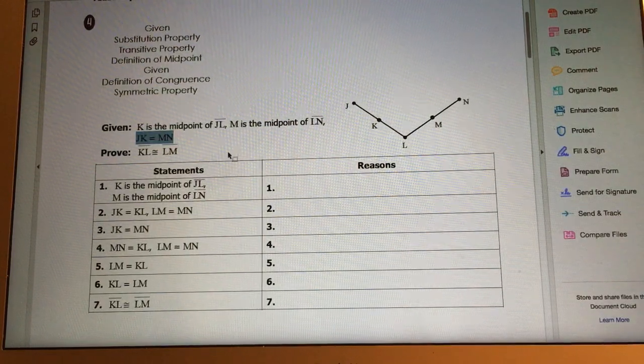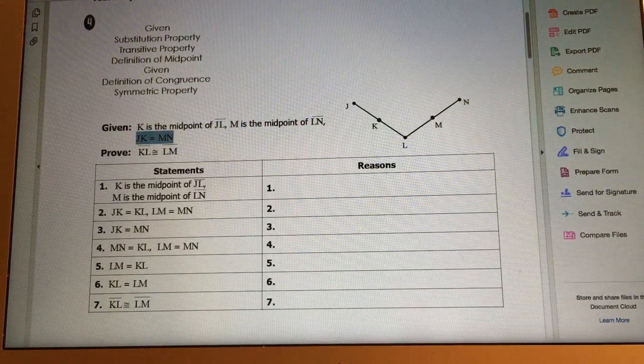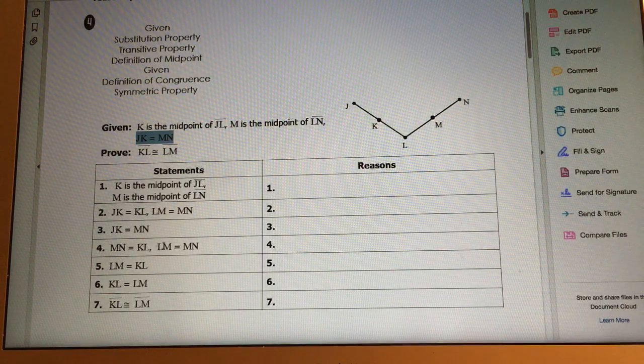Okay, number four. MN equals KL and LM equals MN.